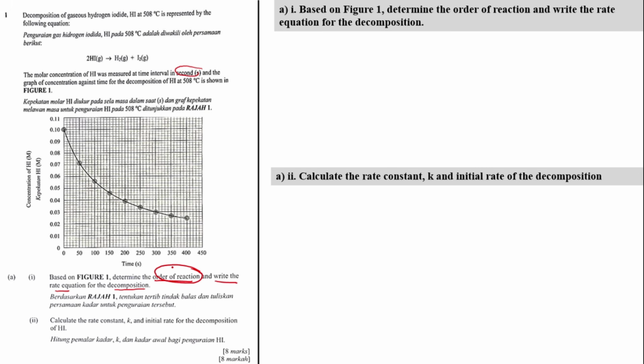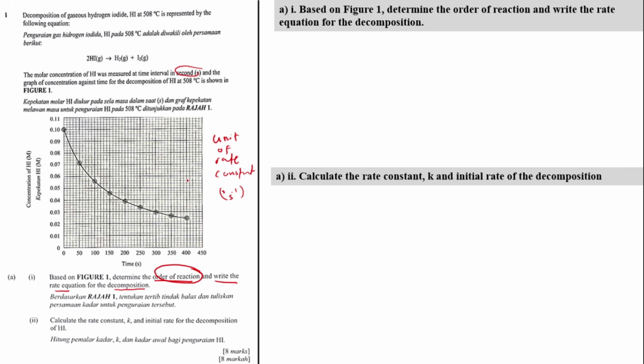So usually in the question, they always state that this reaction is a first order reaction. But for this problem, they don't provide you with any hint. They don't give you the unit of rate constant. Usually when they give you the unit of rate constant, let's say per second, you know that it is a first order, but then they didn't give you anything.